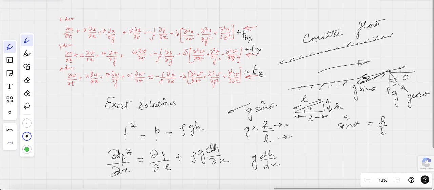So in this equation we can combine these two, right? So the body force will be minus because it is in this direction, whereas x is in this direction, minus g dh by dx. These two can be clubbed and we can write this p as p star, right?